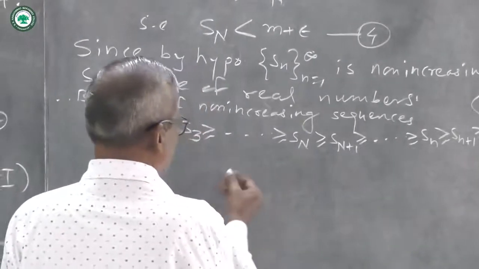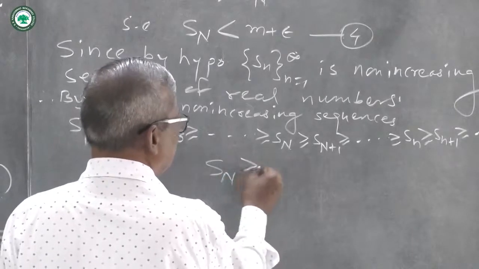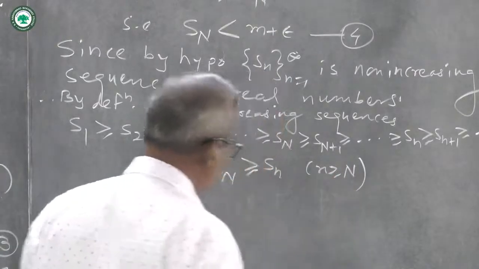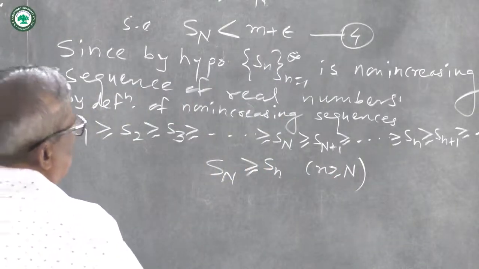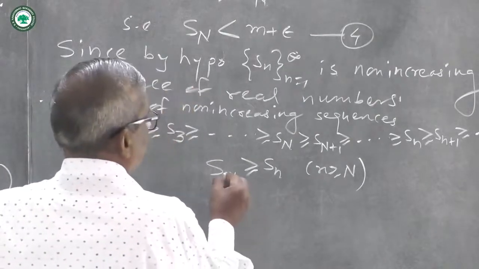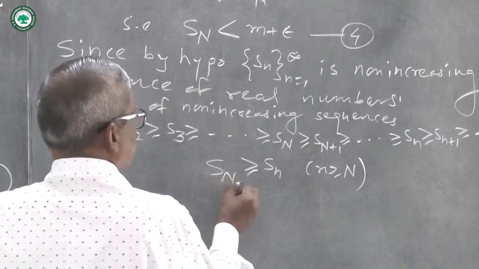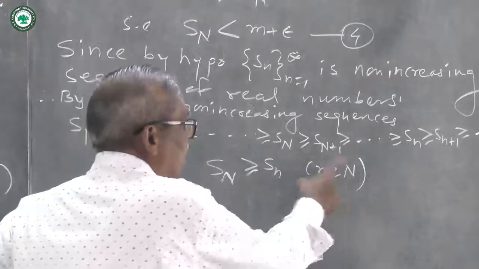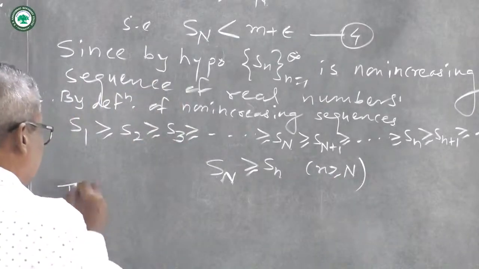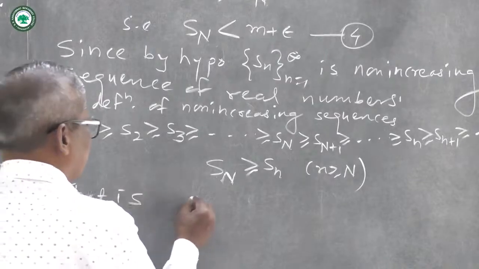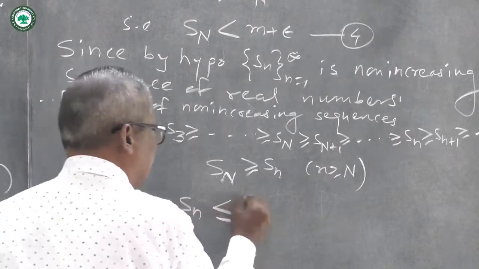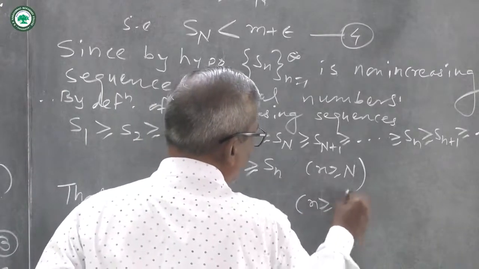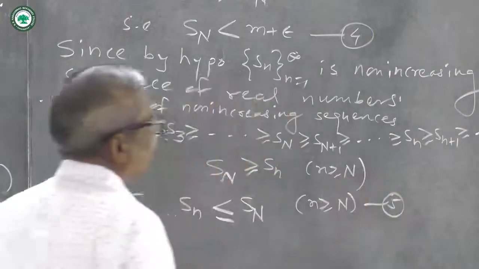Therefore, we can write S suffix capital N is greater than or equal to S suffix small n for all small n greater than or equal to capital N. That is, S suffix small n is less than or equal to S suffix capital N for all small n greater than or equal to capital N. This is 5.